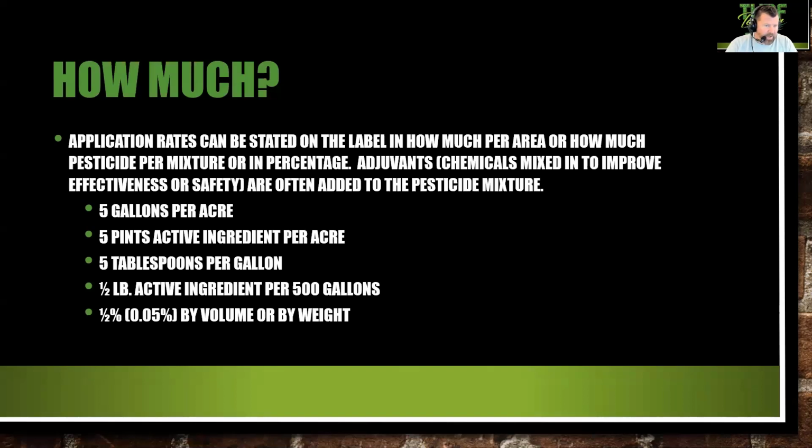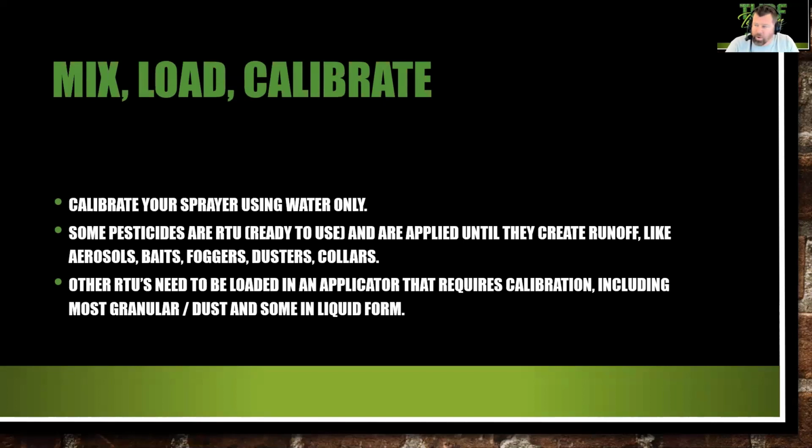But we'll see stuff like 5 gallons per acre, 5 pints active ingredient per acre, 5 tablespoons per gallon, half pound active ingredient per 500 gallons, or 0.5% by volume or by weight. So when we mix, load, and calibrate, we calibrate your spraying using water only. Some pesticides are ready to use, and they are applied until they create runoff, like aerosols, baits, foggers, dusters, or collars.